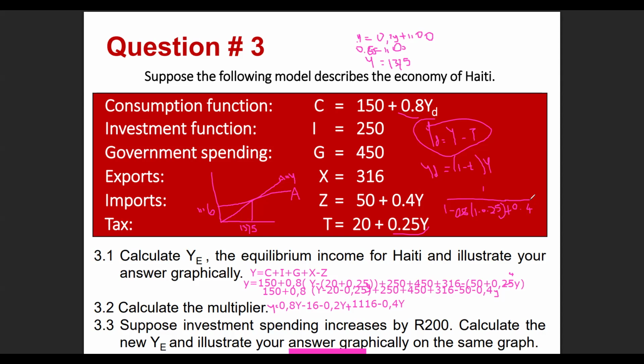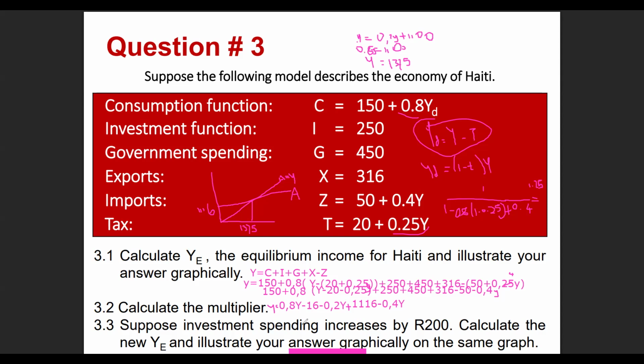Then what you get, we say 1 divided by 1 minus 0.8 times 1 minus 0.25 plus 0.4. You're going to get 1.25. So your multiplier is equal to 1.25.